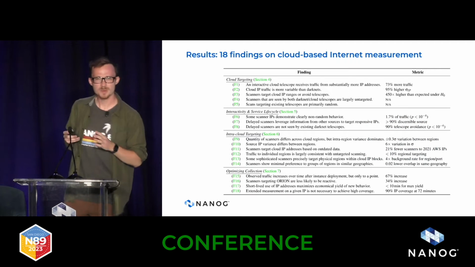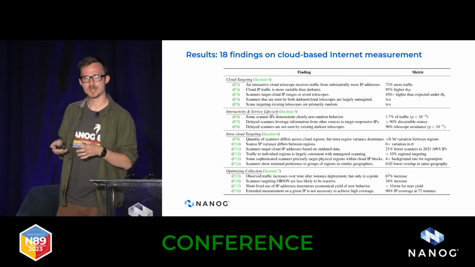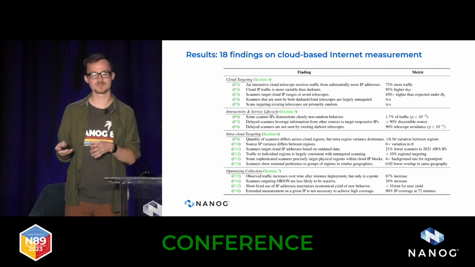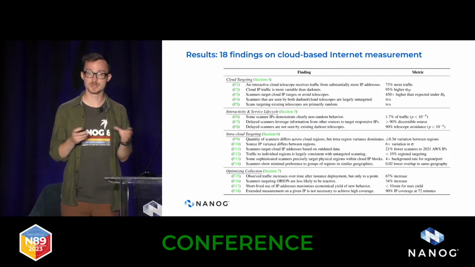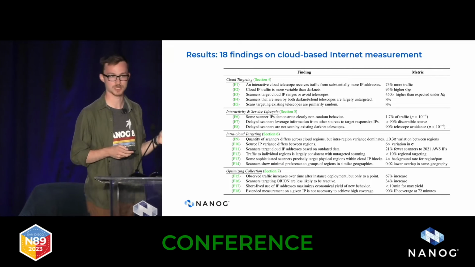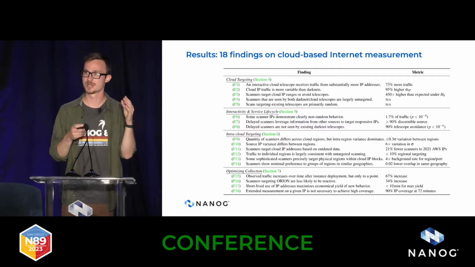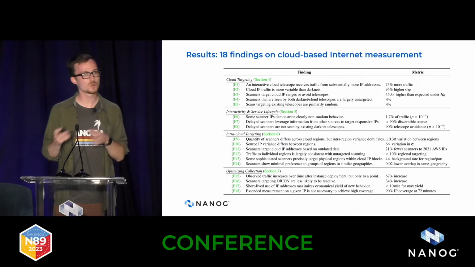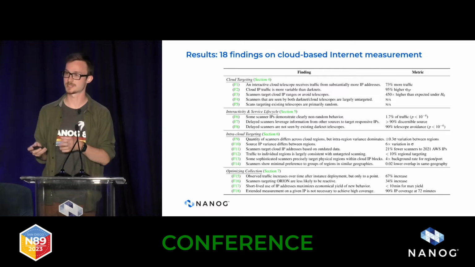What we really wanted to understand was how the coverage of traffic phenomena differs from these cloud-based telescopes versus conventional darknet telescopes. So we took data from Merit's Orion telescope, which is deployed on a large footprint of contiguous IP addresses, and we compared who was talking to the cloud versus who's talking to these darknets.